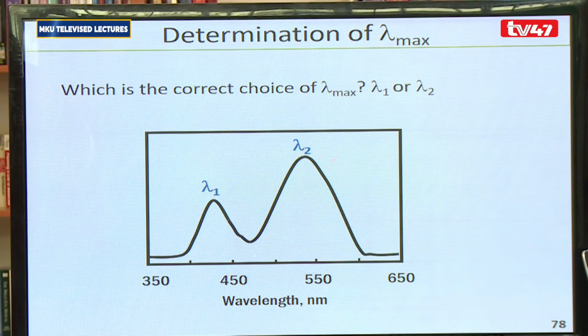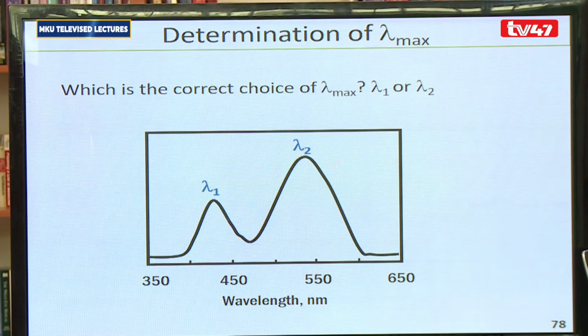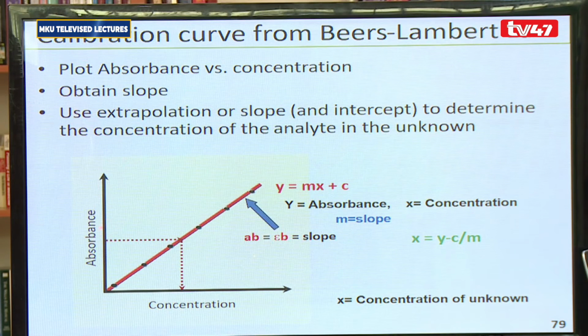In this case, again, we would select lambda 2 because lambda 2 is the one that is giving you the maximum absorbance, or the highest absorbance. Remember, we made the standards, and then we analyzed the standards by the use of the lambda max that we already determined if we didn't know. And then after that, you plot the absorbance of the standards against the concentration of the standards.